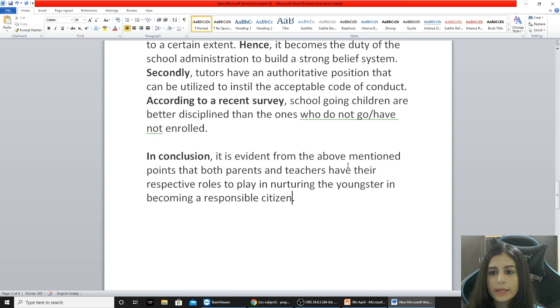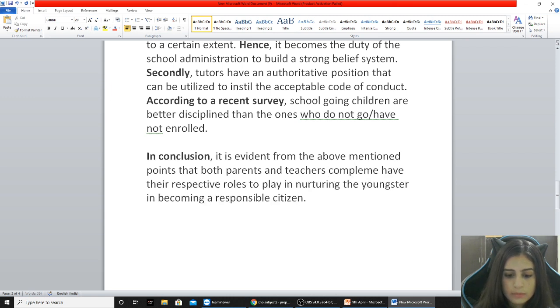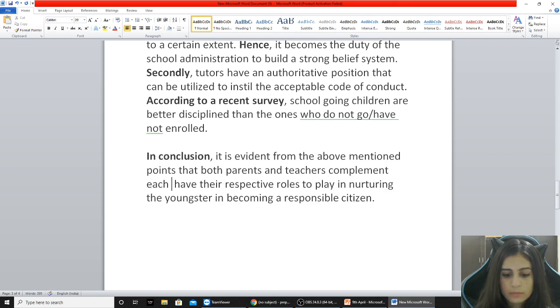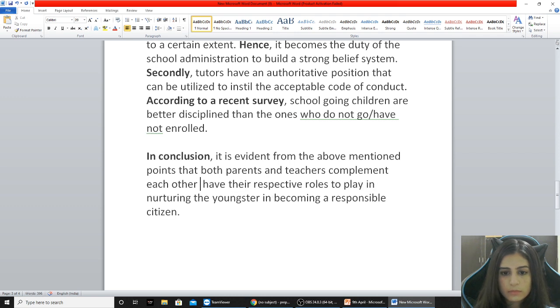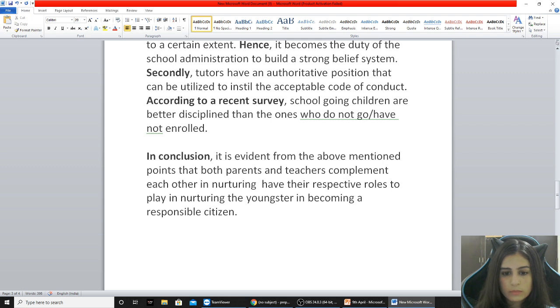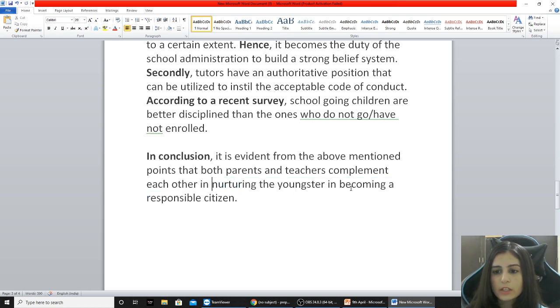So we can say both parents and teachers complement each other in nurturing the youngster.